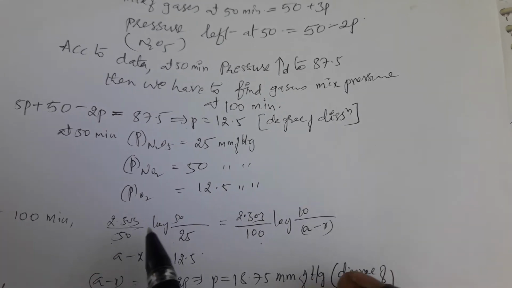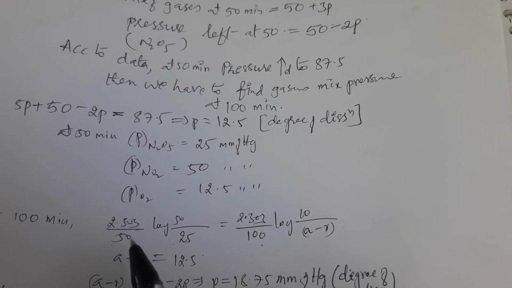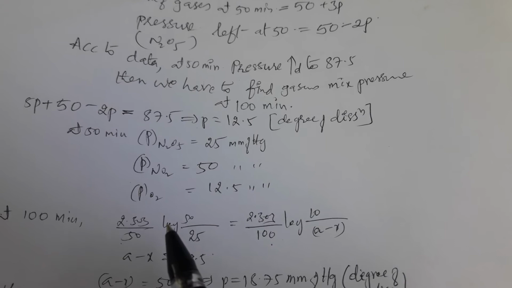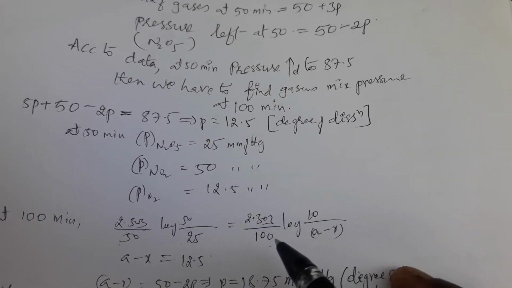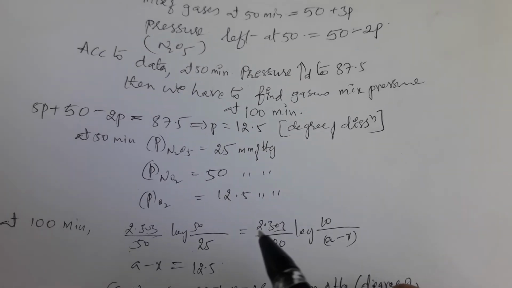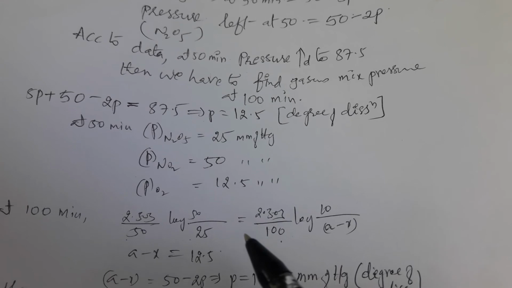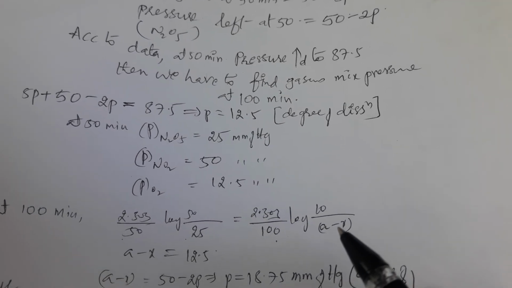That's why for both we write K equal to the first order integrated equation at 50 minutes, and here also the first order integrated equation at 100 minutes. We equate both of them. Then every value is entered here, but we only don't know A minus x.